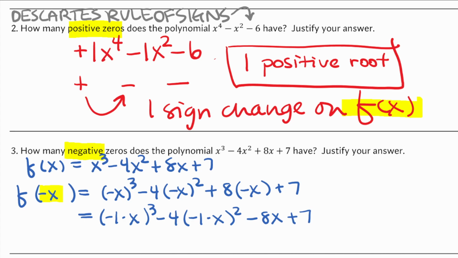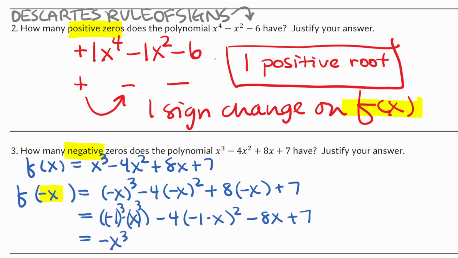But it's the taking to the third power and taking to the second power that's the subtlety here. What you need to remember is that if I'm taking negative 1 times x to the third power, that's like taking negative 1 to the third times x to the third. And negative 1 to the third is going to be negative 1 because an odd number of negatives makes negative. So this is negative x to the third.